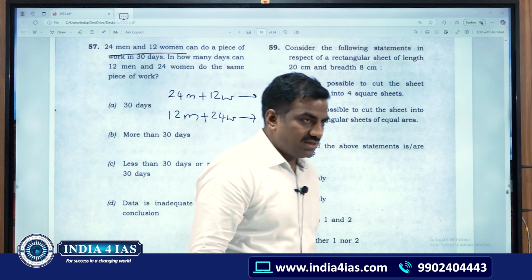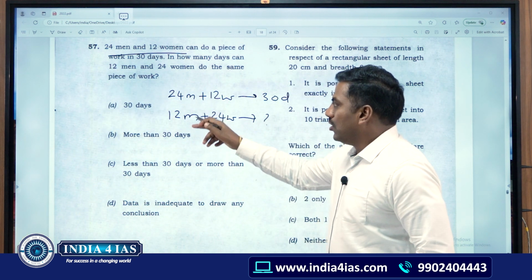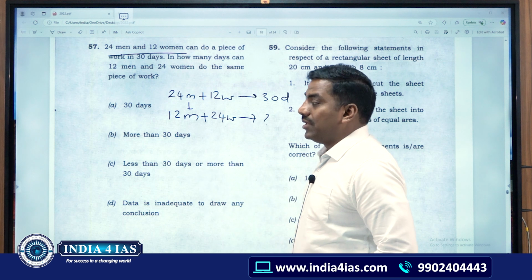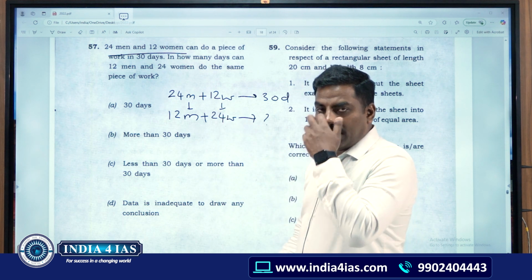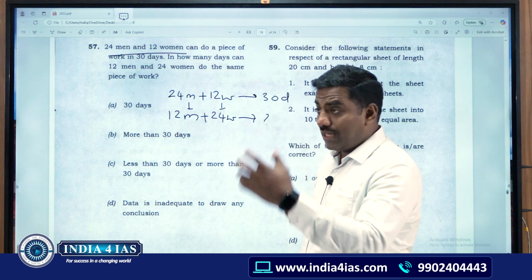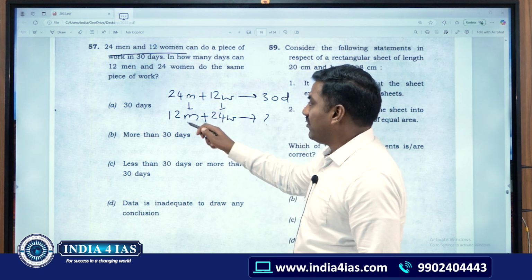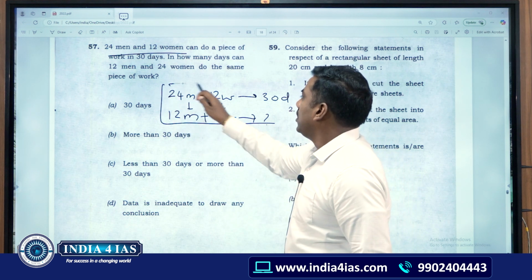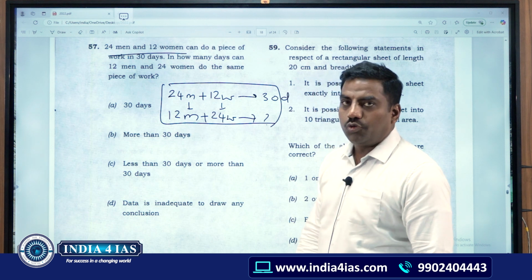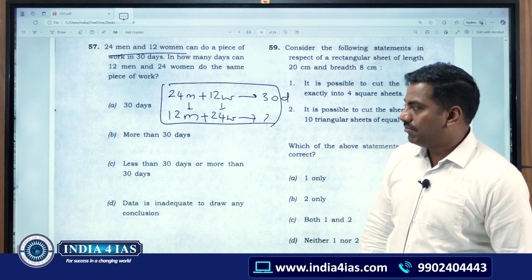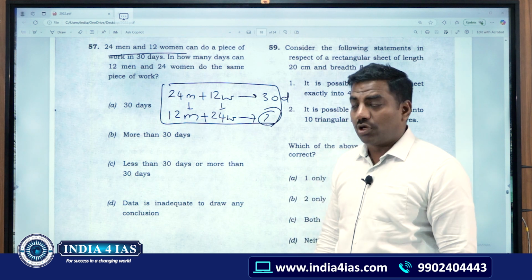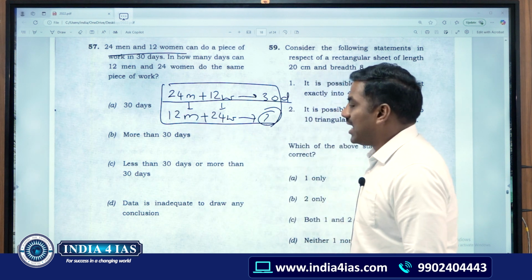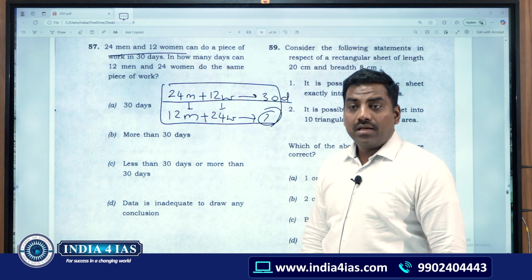It appears that we are halving the number of men and doubling the number of women. But here we have 2 equations in 2 variables, and unless we know the values, we cannot solve. So this is as good as having a single equation.